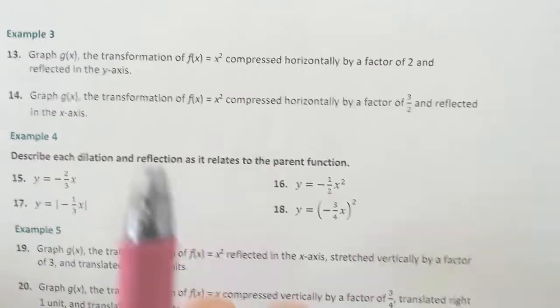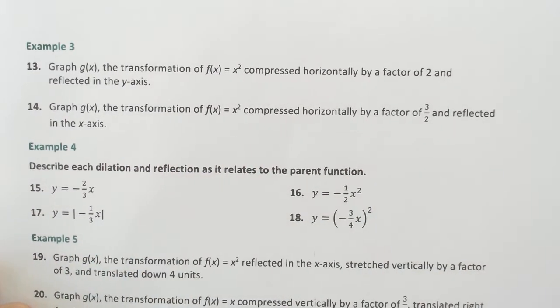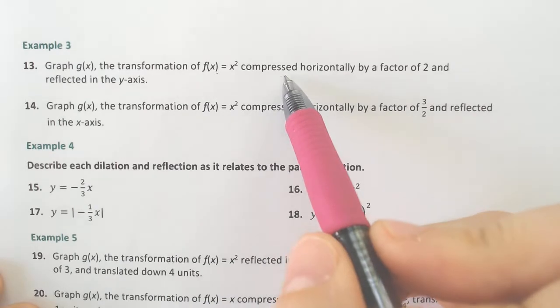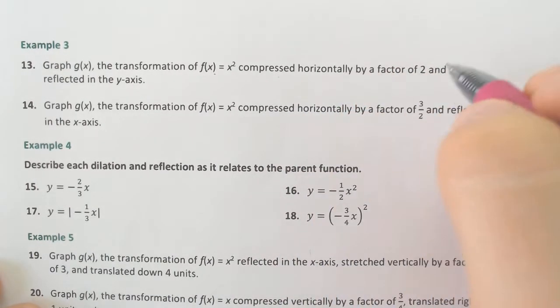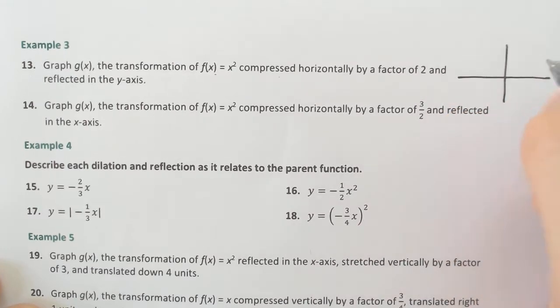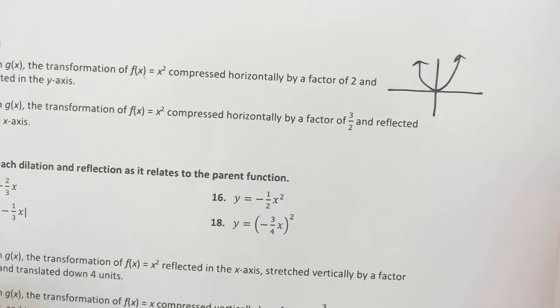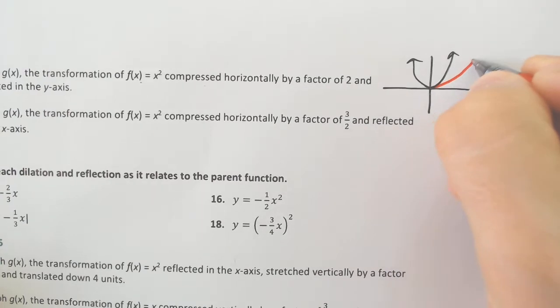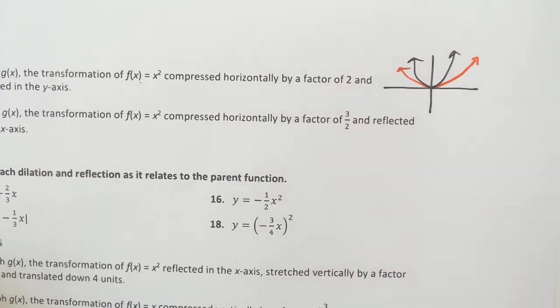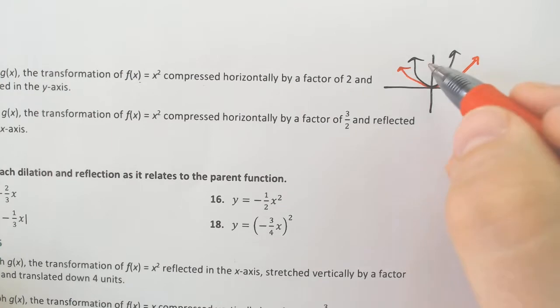Let's see, example 3, there's 2 of those, so why not do 1? F of x is compressed horizontally by a factor of 2. So if we have that, we got y equals x squared, looks like this. If we compress it horizontally, that would mean that the new graph would be a little bit fatter, and reflect over the y-axis.